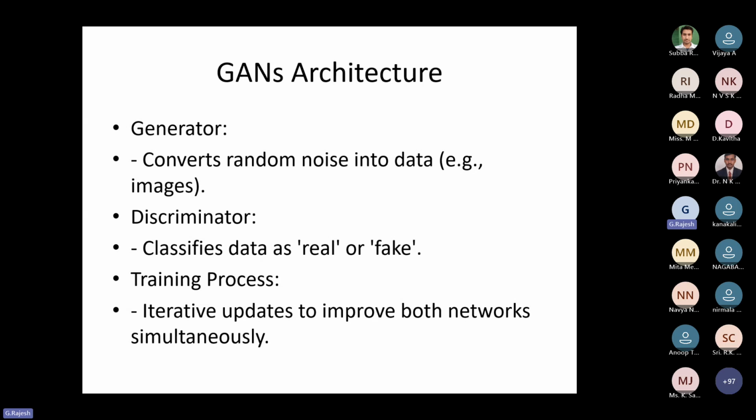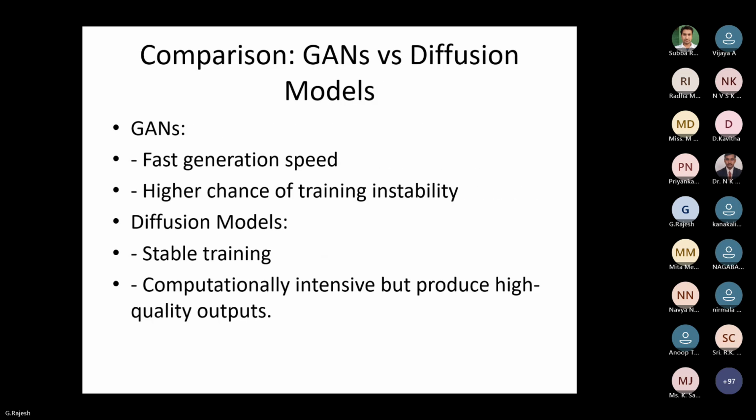This is an iterative process of training where a generator keeps sending images and the discriminator keeps trying to point out the mistakes, or how it is able to differentiate between real and fake, and taking that as an input, the generator tries to make the outputs better and better.